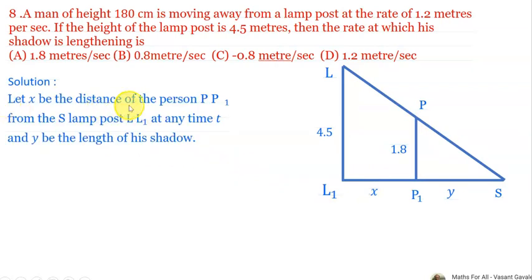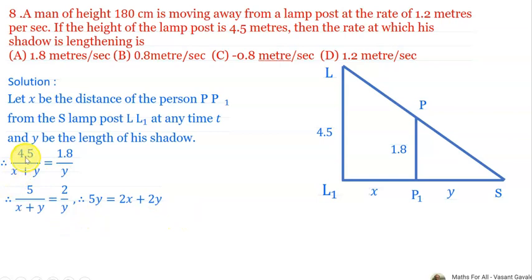Let x be the distance of the person PP1 from the lamppost LL1 at any time t, and y be the length of his shadow. And as these two triangles are again similar, that is triangle LL1S and PP1S, therefore, 4.5 upon x plus y is equal to 1.8 upon y.